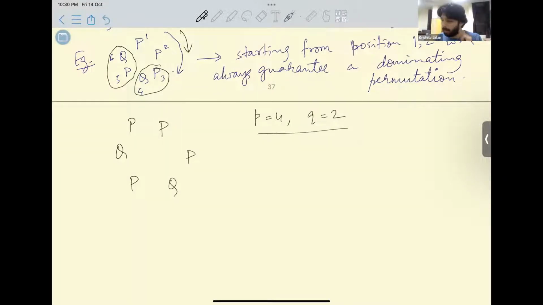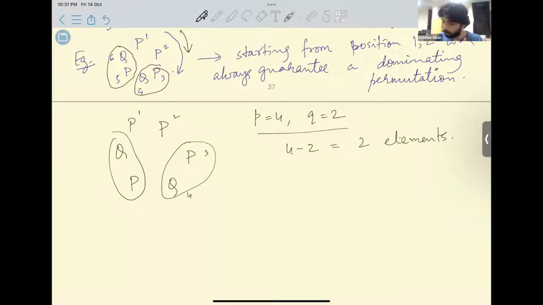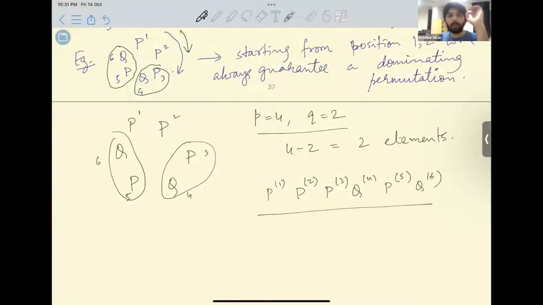This is my scenario. The cyclic lemma states that you remove adjacent PQ pairwise, so you will naturally be left with 4 minus 2 elements. Now, the cyclic lemma states that if you had started your sequence with, let's say, positions 1, 2, 3, 4, 5, 6, with position 1, P, and you go in the cyclic direction, you're bound to end up with a dominating sequence.